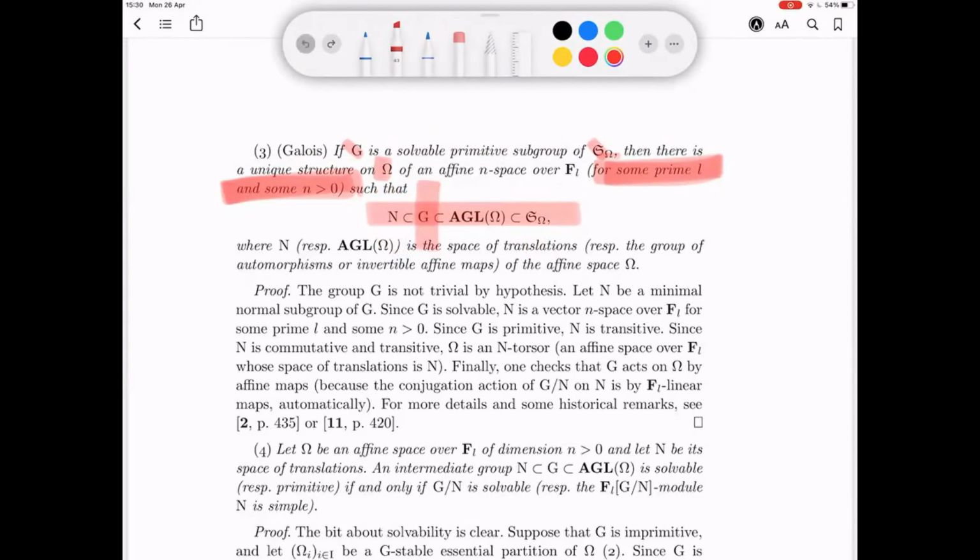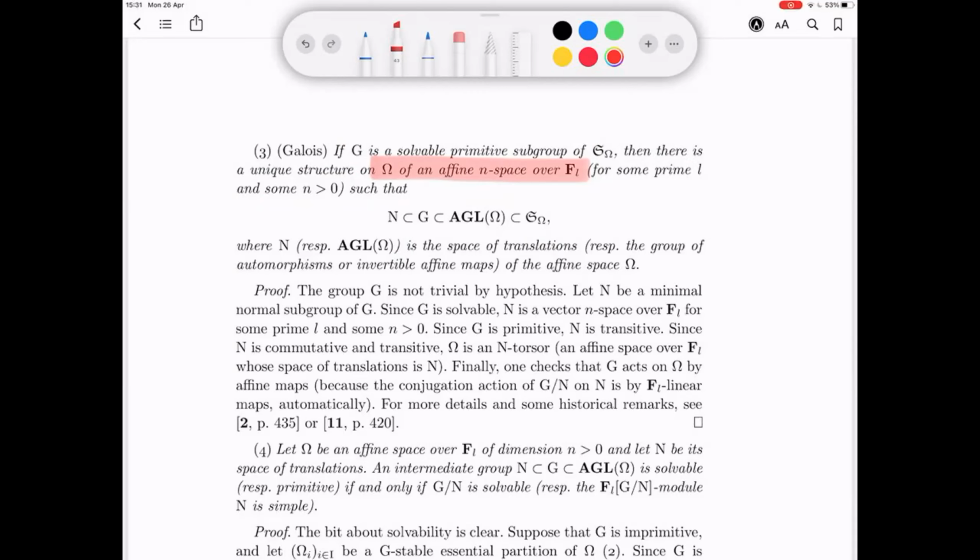So now N. So first of all, remember I'm saying there's a unique structure of affine n space over FL. So FL, of course, is the finite field with n elements, and if I have an affine n space over FL, then I have some special permutations of this omega, namely the translations. After all, if it's an affine space, it's a principal homogeneous space under some vector space.